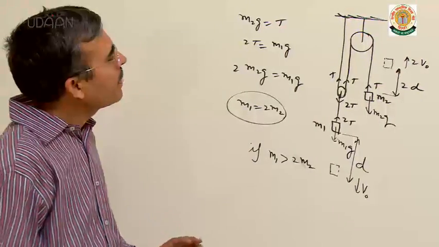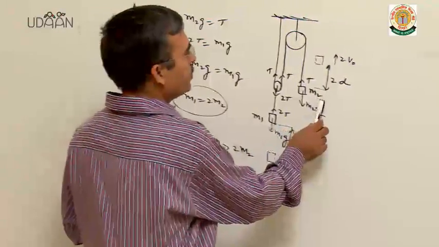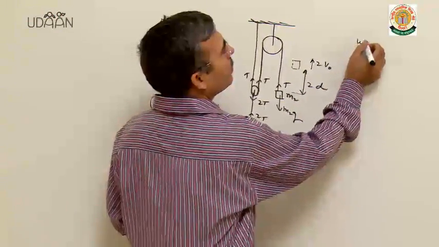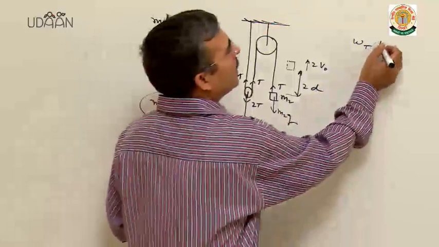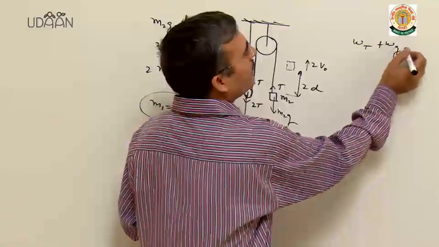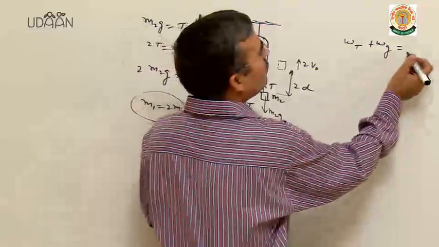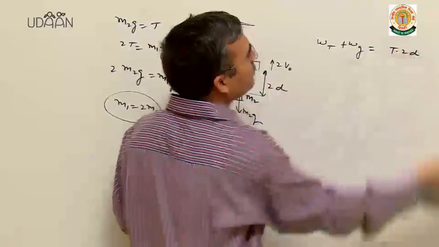क्लियर? वर्क एनर्जी थ्योरम अप्लाई करिए इसके ऊपर. नेट वर्क डन बाय टेंशन प्लस वर्क डन बाय ग्रेविटी इक्वल टू work done by tension will be T into 2D.